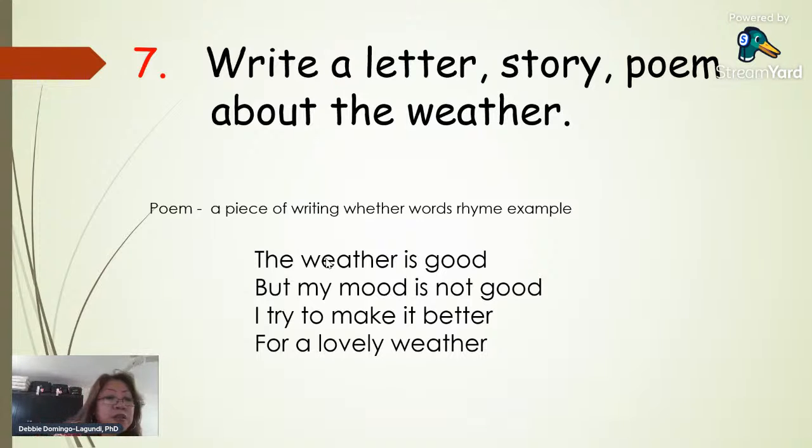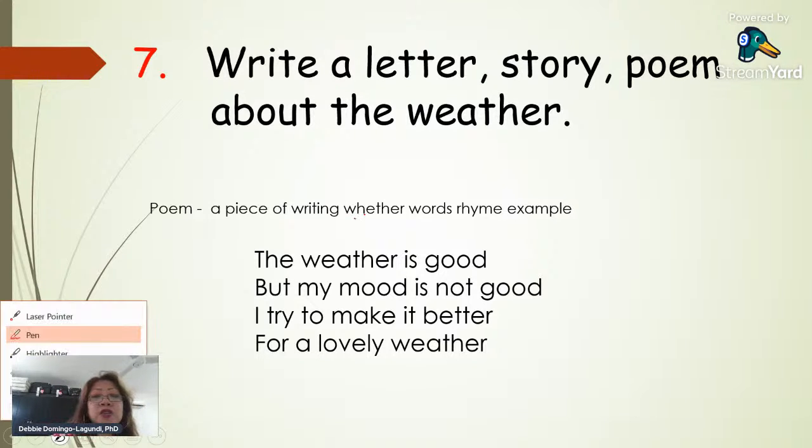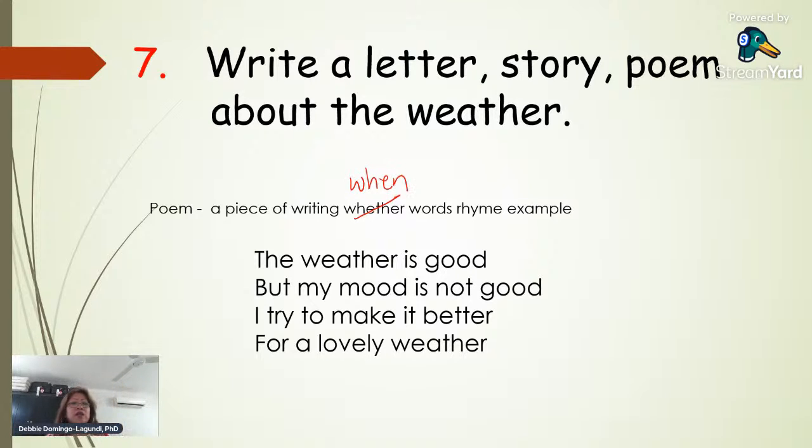Okay, so this is a typographical error. It should be "when." All right? So it's a piece of writing when words rhyme, or it cannot just rhyme. That is just one of the examples of poem.